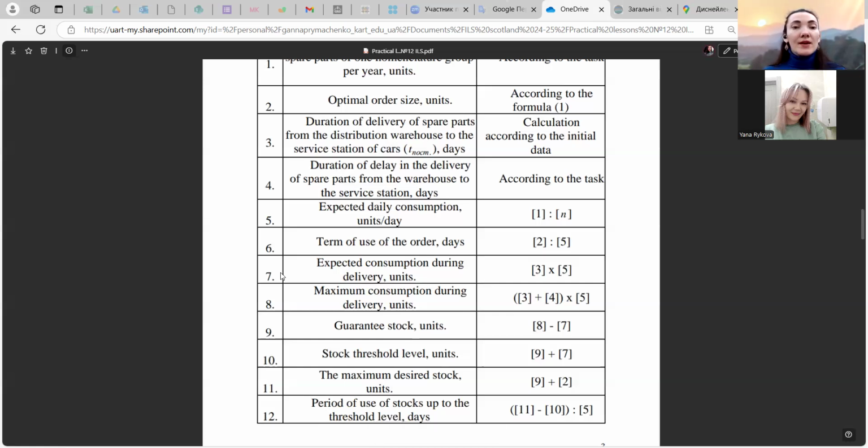Okay, next, point 7. It is expected consumption during delivery. We find the result in units, and we need to use our result of point 4, which we calculated already in days, and multiply it by the result of number 5. Multiplied 1 by 1.